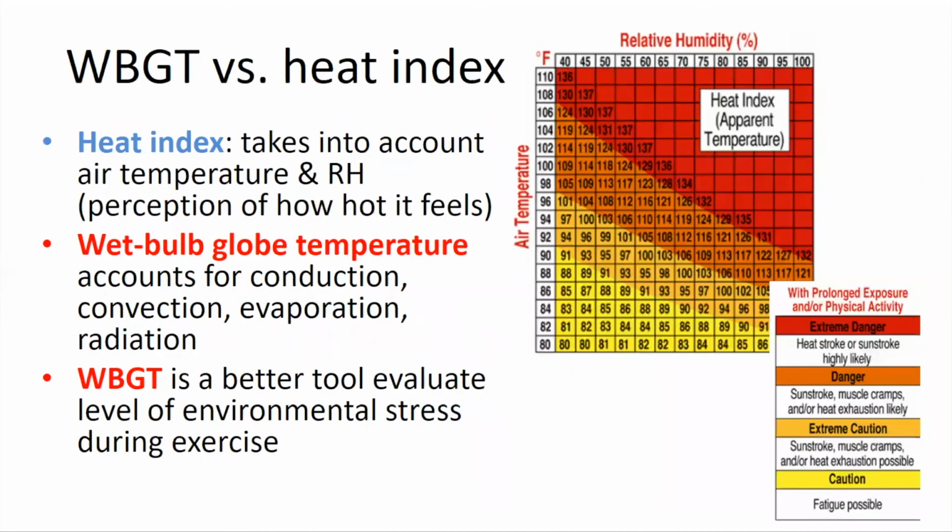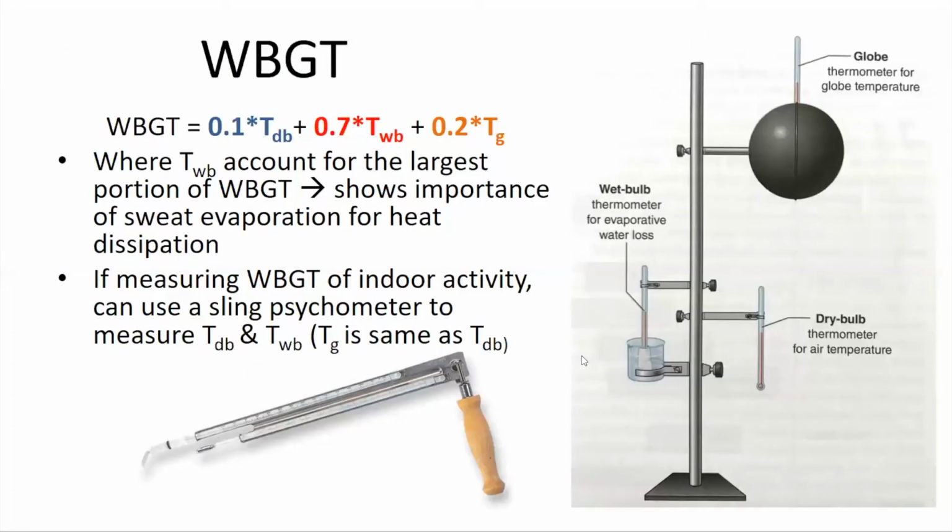So when we look back at the heat index, it doesn't take into account radiation, right? It only takes into account humidity and dry bulb temperature, or what the ambient temperatures are that day.